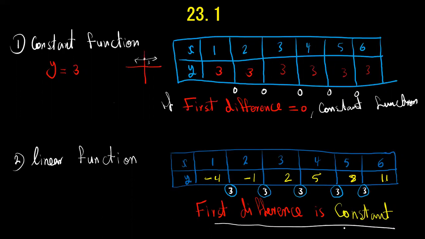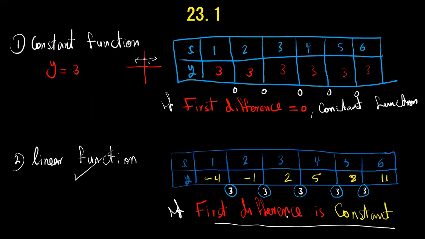So first difference is what? Is constant. Constant means a number, 3, 3, 3, 3, 3, other than 0. So if first difference is constant, the function will be linear function. So we have now two types of function, constant and linear one. If the first difference is 0, the function will be constant.